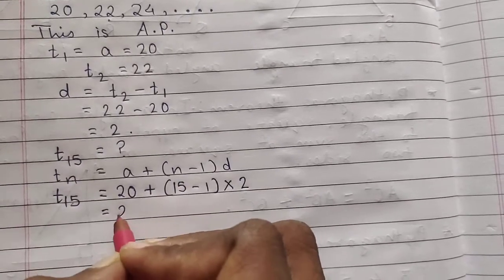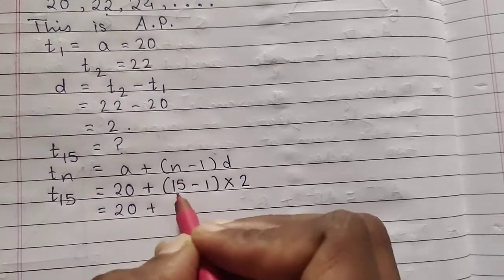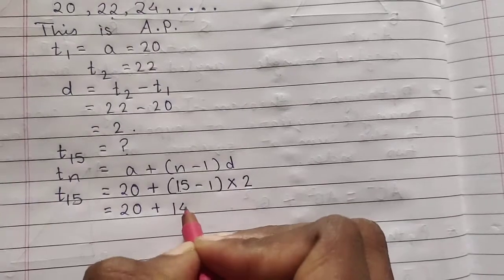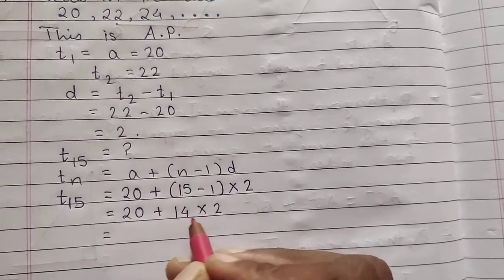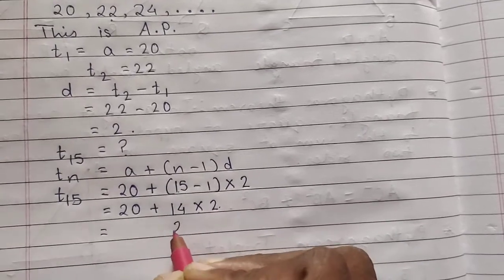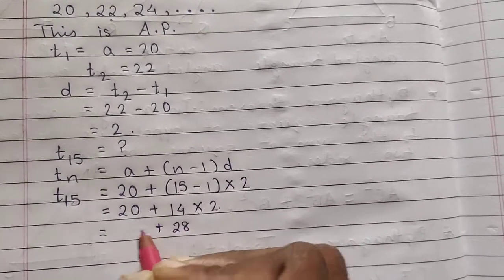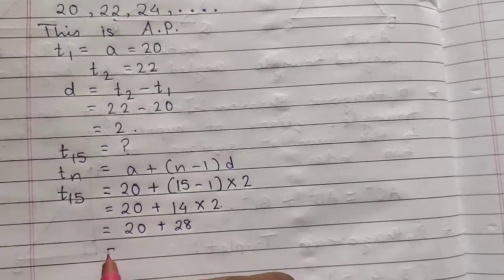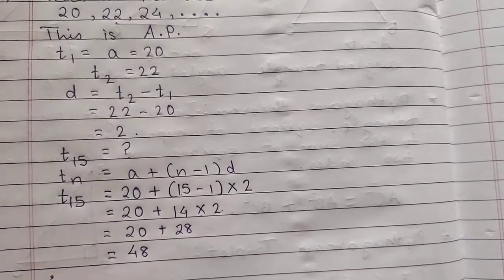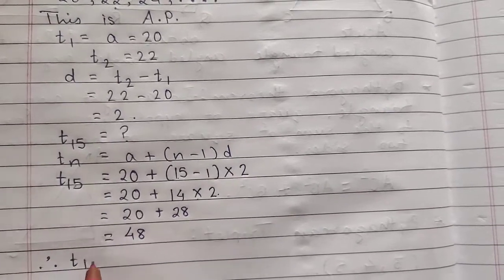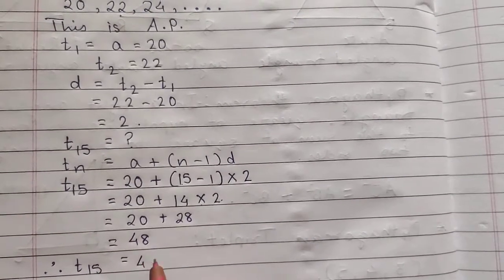Now let us simplify this. This is 20 plus 15 minus 1, 14. So 14 into 2. Now first multiply this. So 14 into 2 gives you 28 plus 20. And if you do addition of this, you are going to get 48. So finally we got T15 is equal to 48.